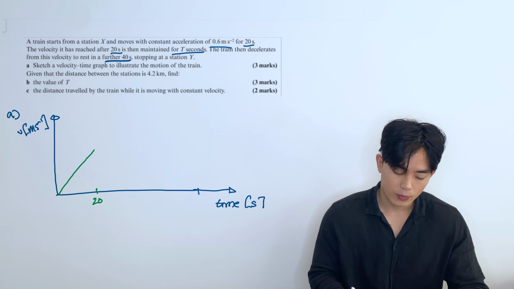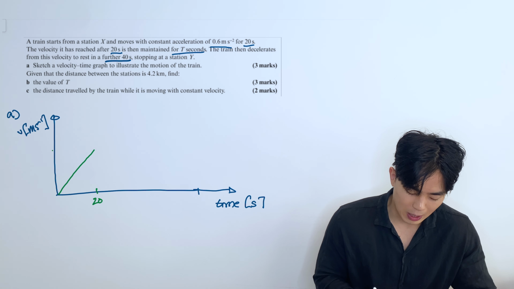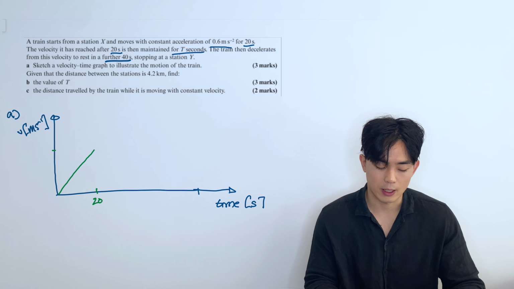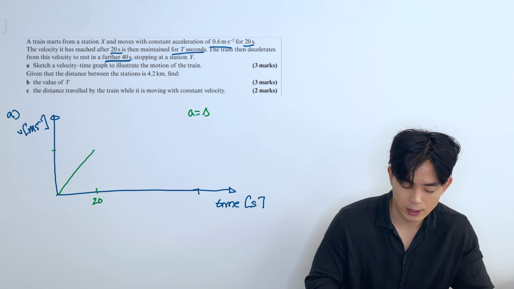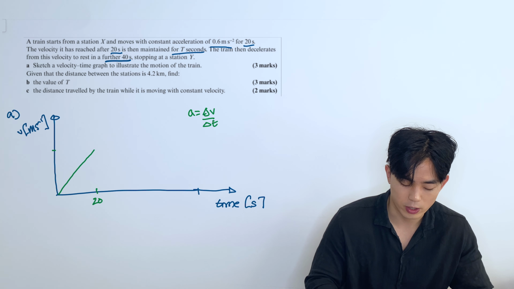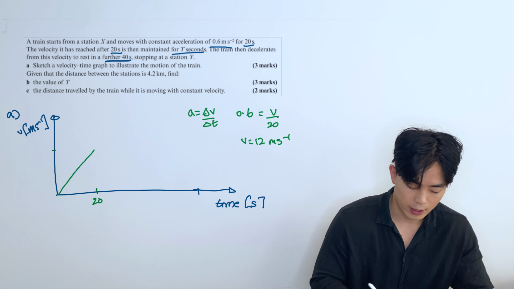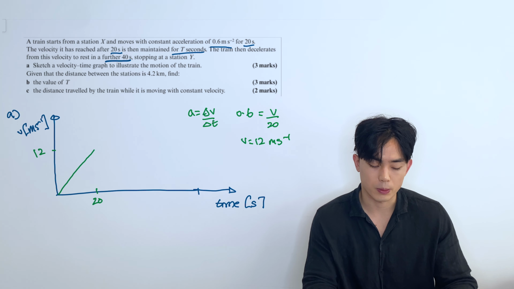Then we should work out at what velocity it stops accelerating. Acceleration is the change in velocity over change in time, so 0.6 is equal to velocity over 20, so the velocity is going to be 12 meters per second. So it's going to accelerate up to a velocity of 12 meters per second.